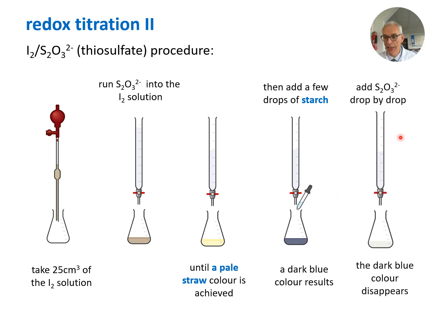Then add the thiosulfate drop by drop, swirling, and the blue color will disappear to the drop. So you will then have an exact reacting volume of thiosulfate, and from that you can carry out your calculation of moles of thiosulfate.